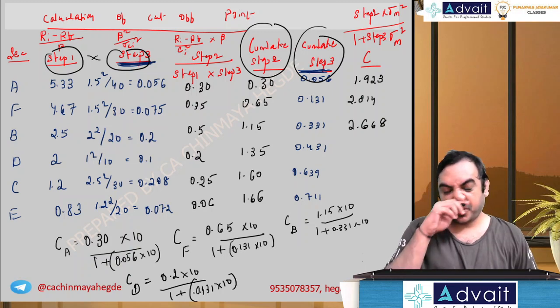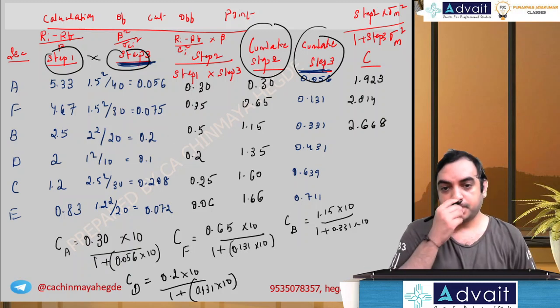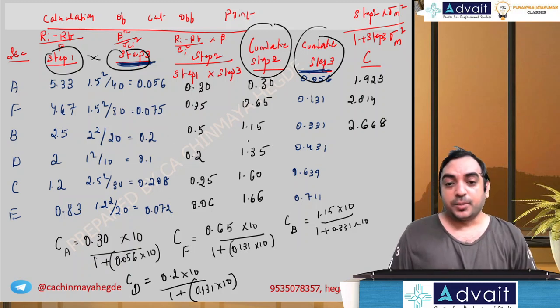Why am I making so many mistakes? 0.431 into 10 plus 1, M plus, then 1.35 into 10 divided by MRC equals 2.542.